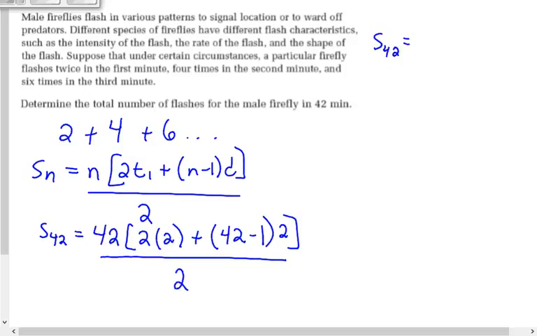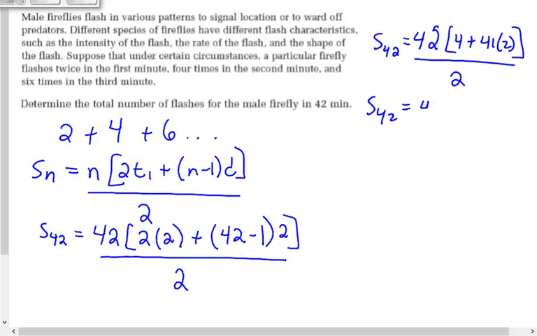When we simplify, we'll end up with 42 multiplied by 4 plus 41 multiplied by 2 divided by 2. Continuing to simplify, we get 42 multiplied by 86. And we're going to divide that by 2.